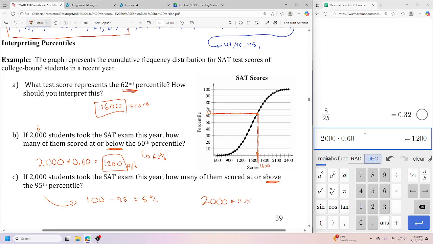Yep, 0.05, very good. We shift them over twice. So let's see it. And yeah, 100. Yep, you got it. Decimal place, right? Exactly. That's right. So this would be 100 people who took it. That would be the top 5%, essentially. Right? Cool. Awesome.